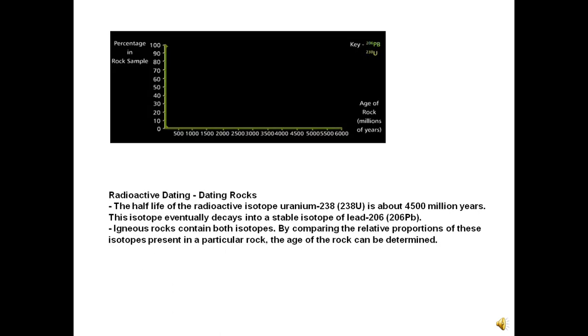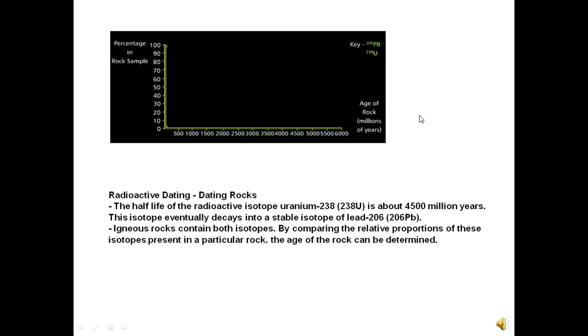Radioactive dating, well, there are two principal uses for this: dating rocks, very old things, and dating once living things using carbon dating. So dating rocks, you have uranium-238 in the rocks, and it decays ultimately to a stable isotope of lead. Well, that takes about 4.5 billion years for the half-life.